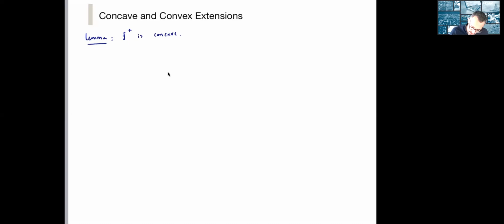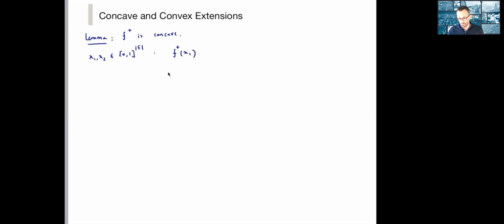So let's take x1 and x2, some elements inside the unit cube. And that means, by definition, what is f plus of x1?